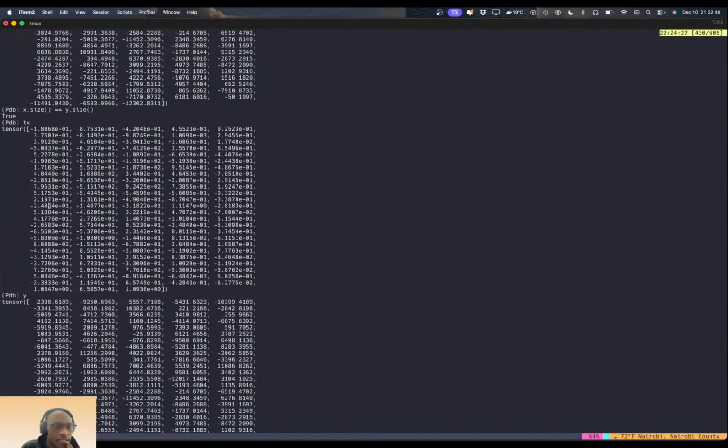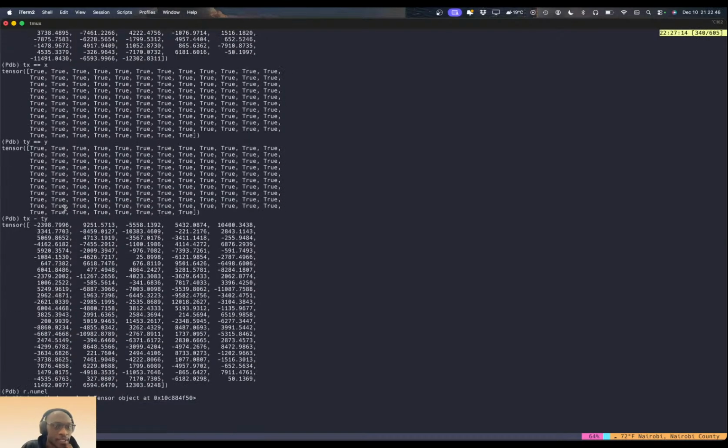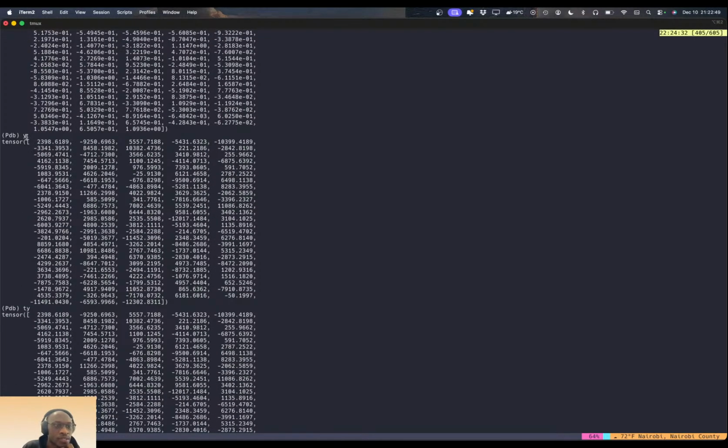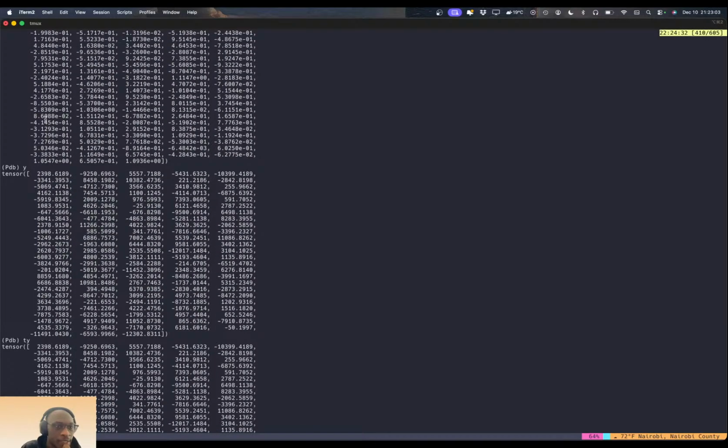Then tx is just x converted to a tensor. And y is what we predict, the predicted value. So from x, you predict what the model will see next. And the y predict is this.